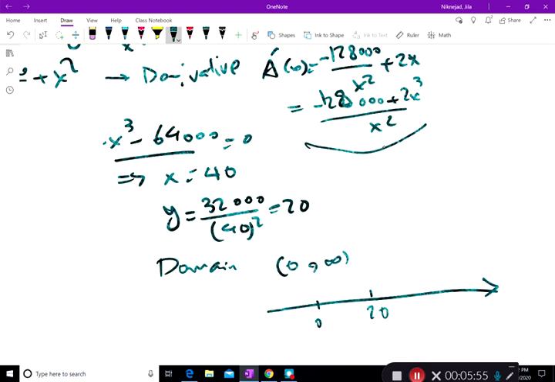For values smaller than the critical number, we're going to get a negative value out of this. For values that are bigger, we get a positive value. So decreasing, increasing: the local min is there.